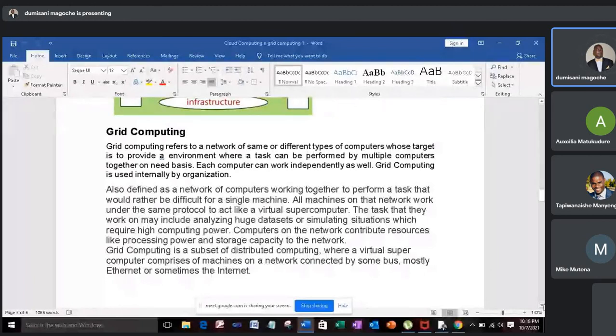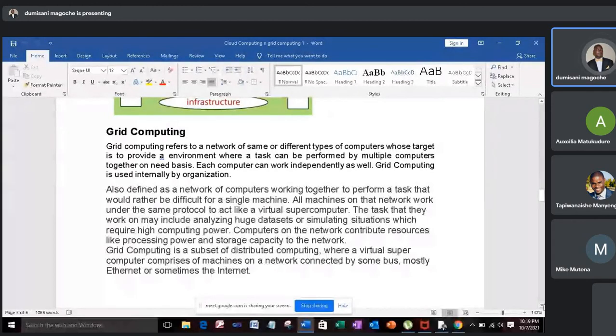Basically, all machines on that network work under the same protocol to act like a virtual supercomputer, and the tasks they work on may include analyzing huge data sets or simulating situations which require high computing power. Computers on the network contribute resources like processing power and storage capacity to the network.